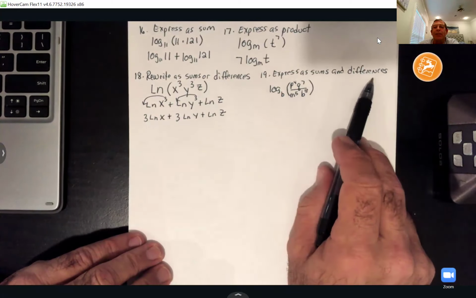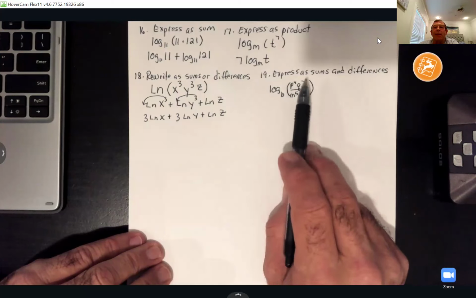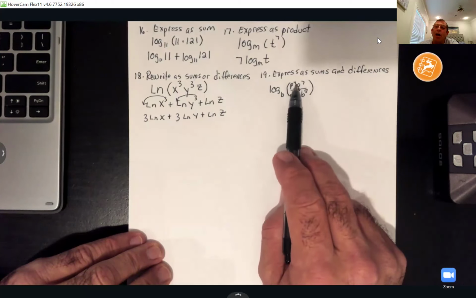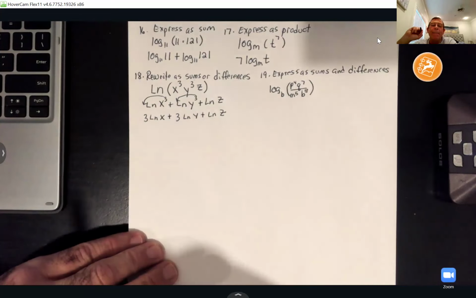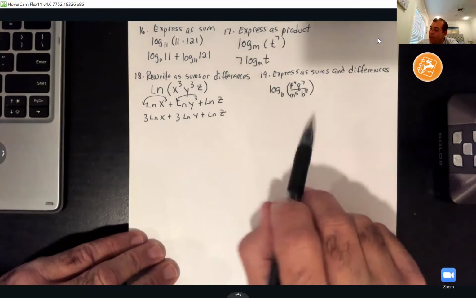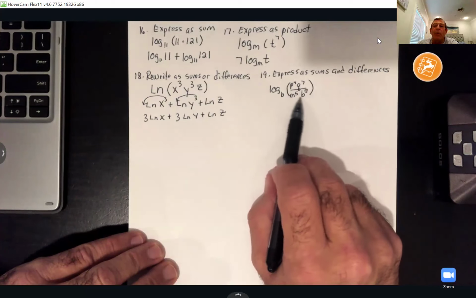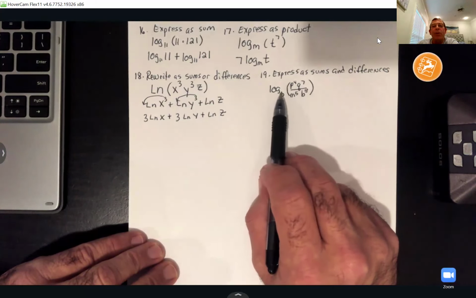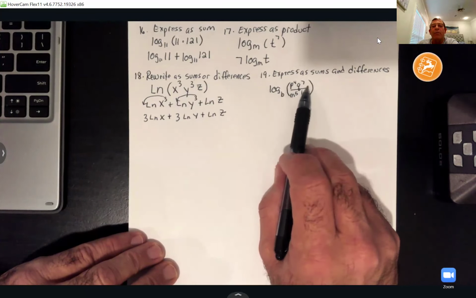Now, the sums and differences come in based on where they are on that fraction. If they're on top, they're going to be positive or added. If they're on bottom, they're going to be negative or subtracted, okay? And we're going to distribute that log b to all four of those.